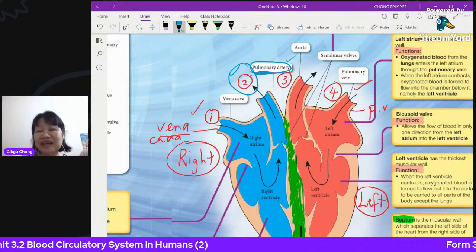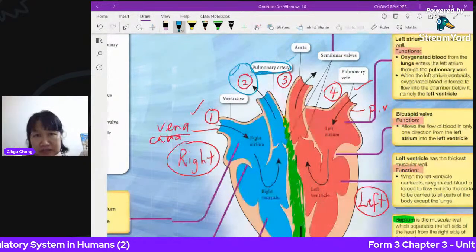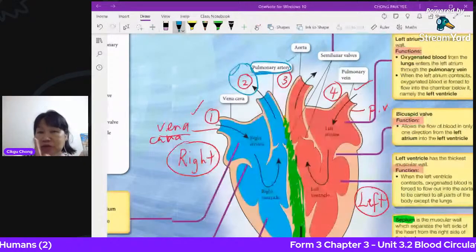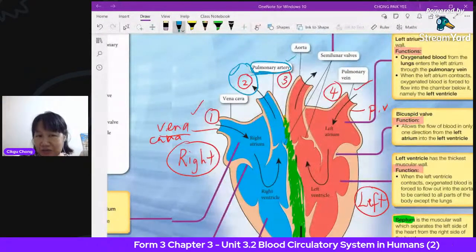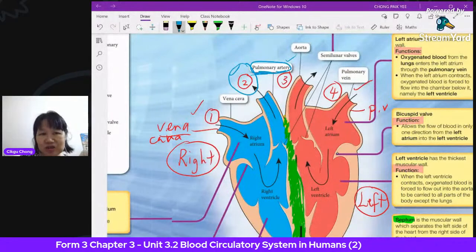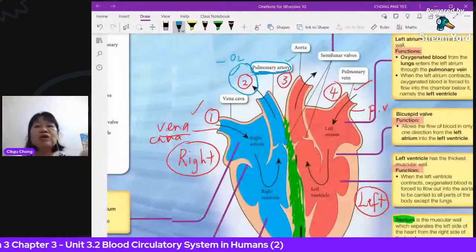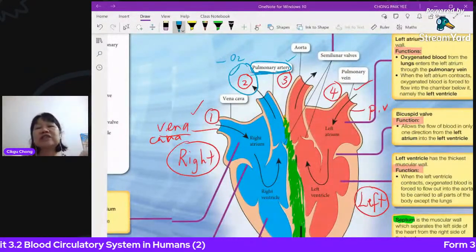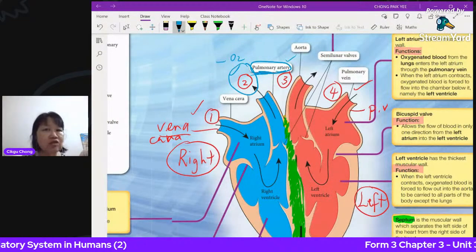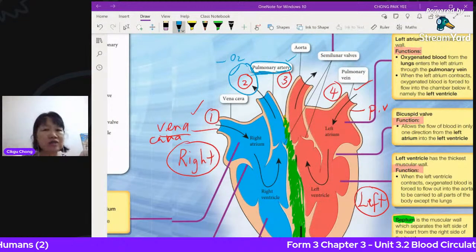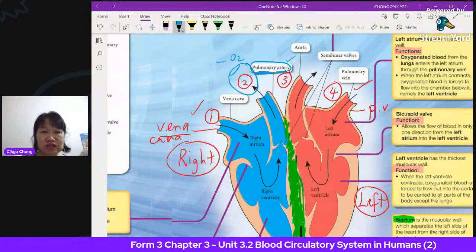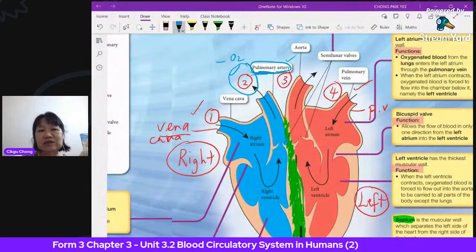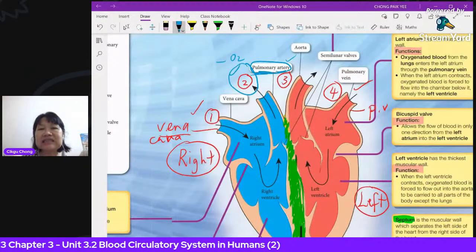But there's only one that is different. Even though it's called artery, it carries the deoxygenated blood. So this is the only artery that carries the deoxygenated blood. The rest are all oxygenated. There's no other artery that carries deoxygenated blood except only this one.